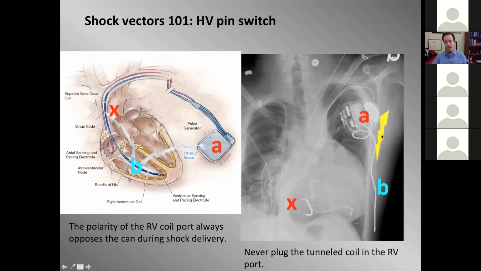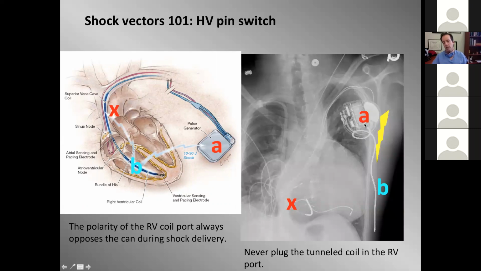If you do that, as in this example, let's say this is a congenital case where we put a subcutaneous coil, and you accidentally plug this subcutaneous coil into the RV port, and this is an SVC coil out the coronary sinus. We're trying to spare the tricuspid valve by not crossing.